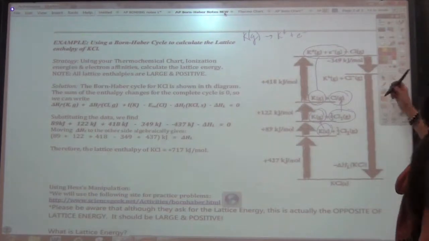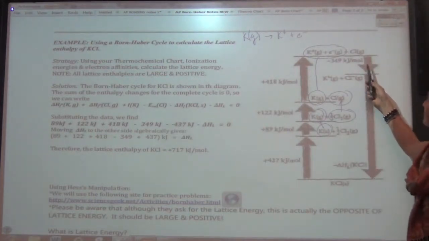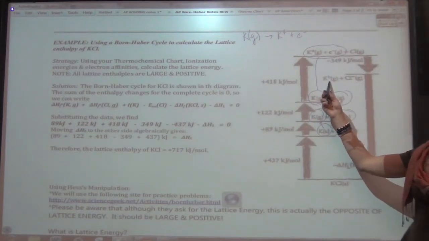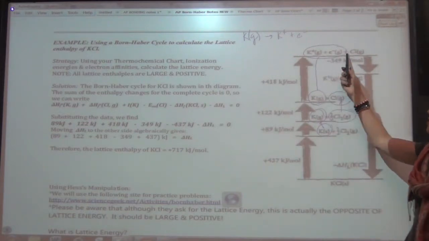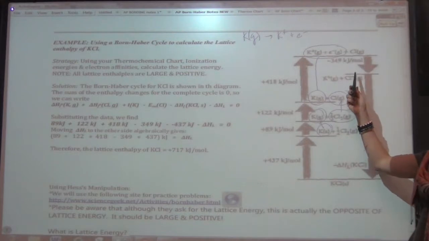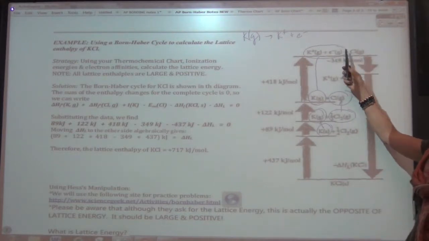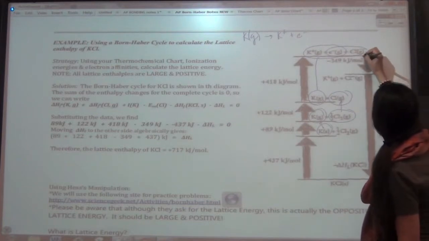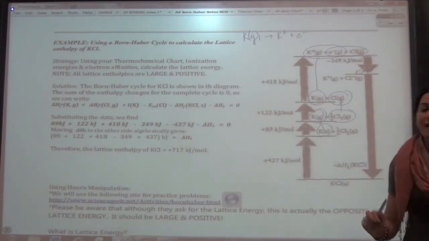Okay, on the other side, let's take a look at what happened. What happened to potassium? Stayed the same, nothing. What about chlorine? Oh, this electron right here is gained, and so now we have chlorine forming Cl minus.